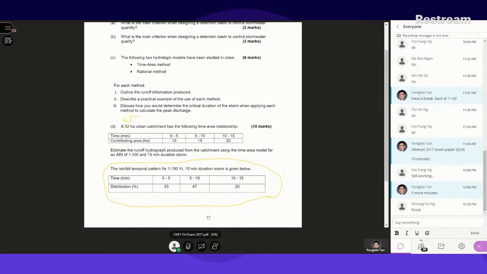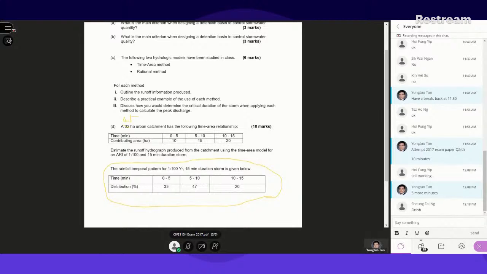So that means you need to convert the total rainfall to intensity.